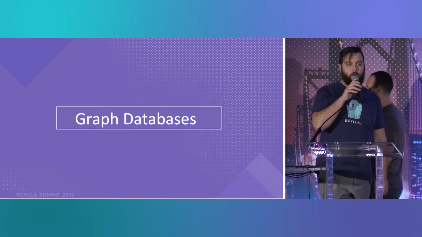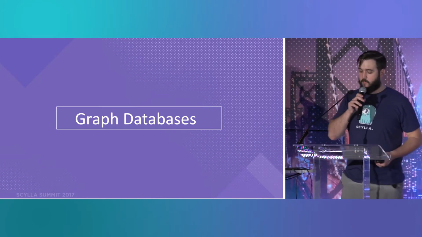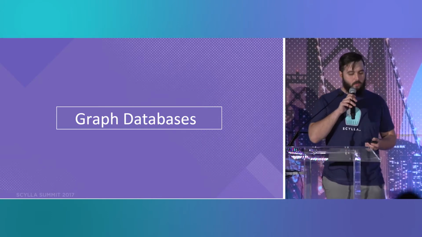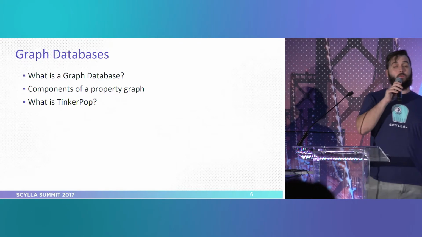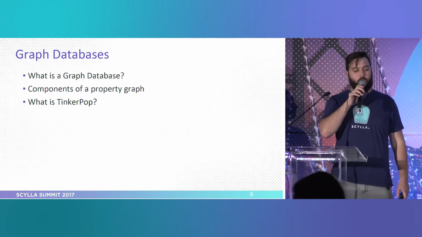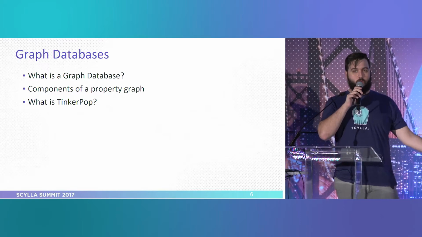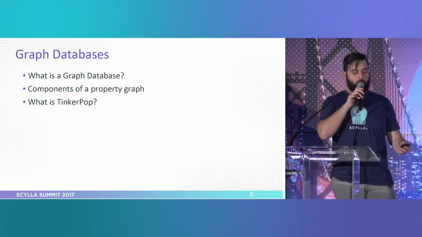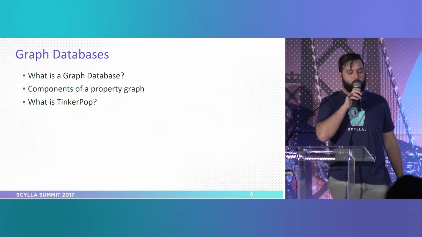So I want to go over just a little bit of background on graph databases. We're going to go over what is a graph database, what Tinkerpop is, and the components of a property graph.